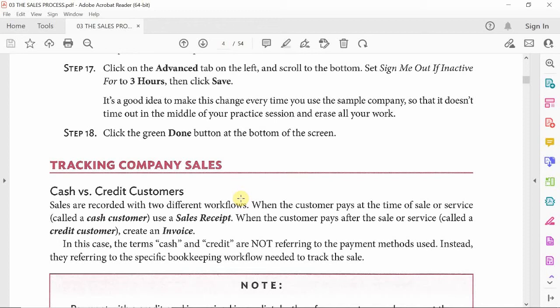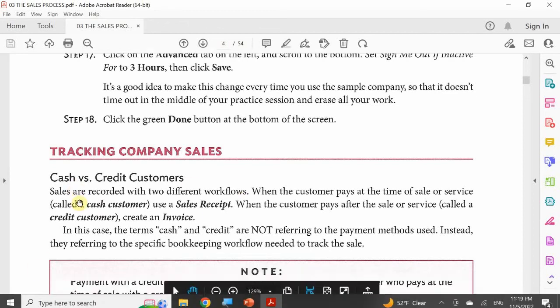Now, when we have these type of customers, we also use two different sales forms, okay? And that's where we're going to look at the difference between using a sales receipt versus an invoice, right? Invoice is where we bill our customers, right? Well, a sales receipt, hence the word receipt, you pay at time of purchase, or at time of sale, so then you're going to give them a receipt to let them know that they paid for the products and services.